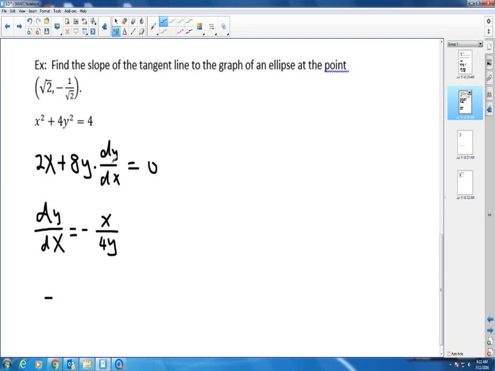I'm going to write it like this. My dy/dx will equal negative x, which is square root of 2, over 4 times y, which is negative 1 over square root of 2.